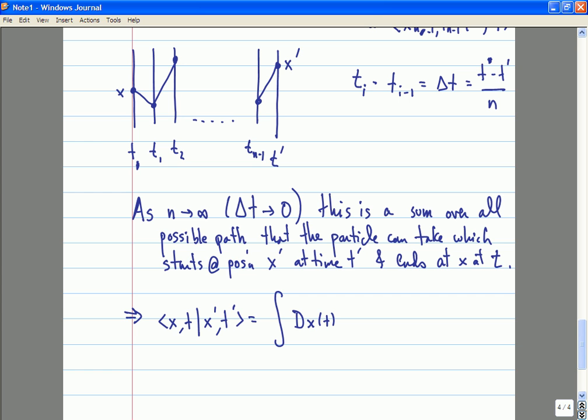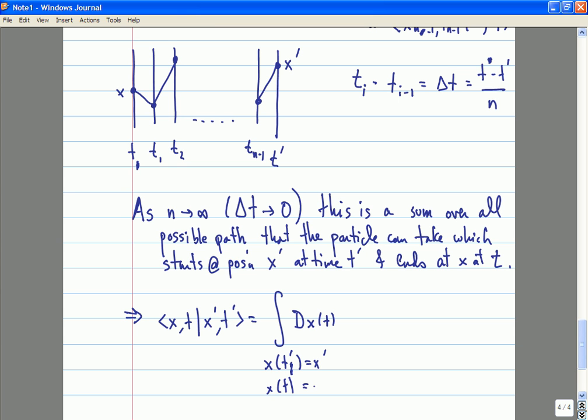So I'll use a special symbol, capital D of x, to denote the sum over all possible paths. And I've written x of t here just to remind ourselves that x is going to be a function of t. And the boundary conditions on this integral, so all integrals have to have boundary conditions in order for them to be given by actual numbers, are that x at t prime is equal to x prime, and that x of t is equal to x.